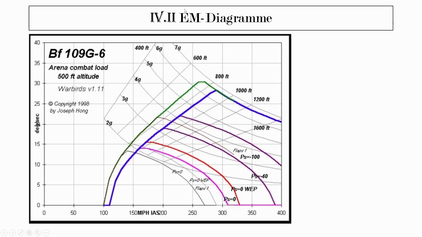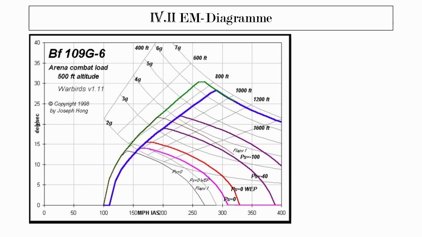Especially for modern aircraft, these diagrams can be computed. I just used an example to walk you through that. For modern aircraft, usually in the handbooks, the EM diagrams should be available, because they show the turn performance of a particular airframe.